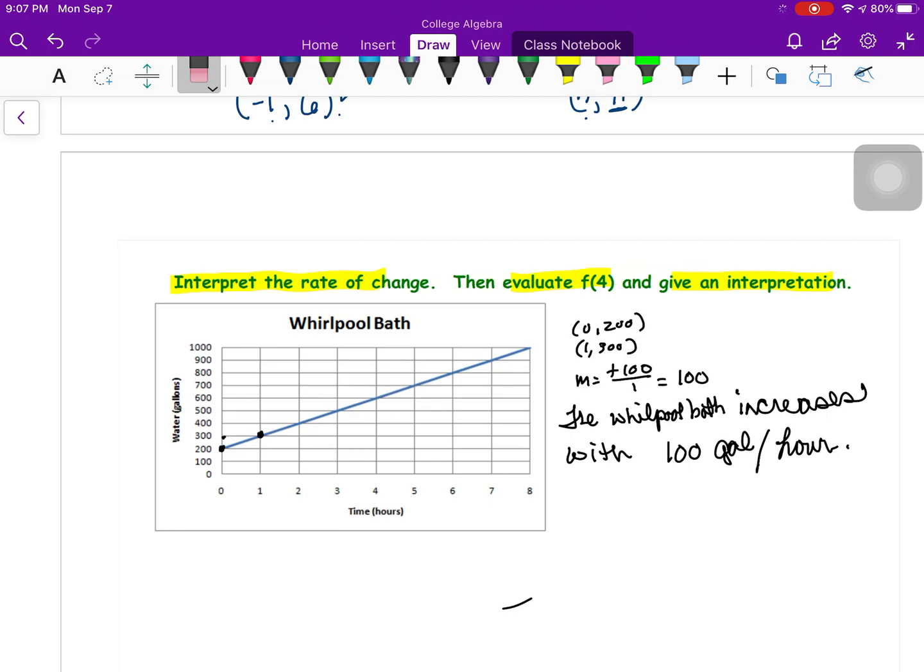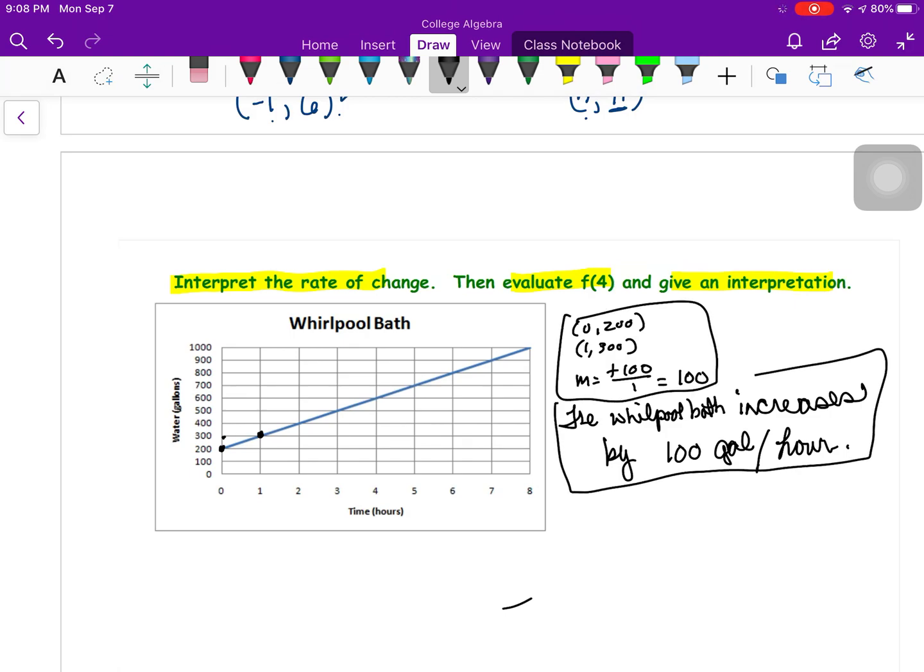Maybe it would be better to say increases by 100 gallons per hour. Now someone else might say the whirlpool bath fills at 100 gallons per hour. Both are correct. All right, so here I have my work to show me what my rate of change is. I have my interpretation of my rate of change.